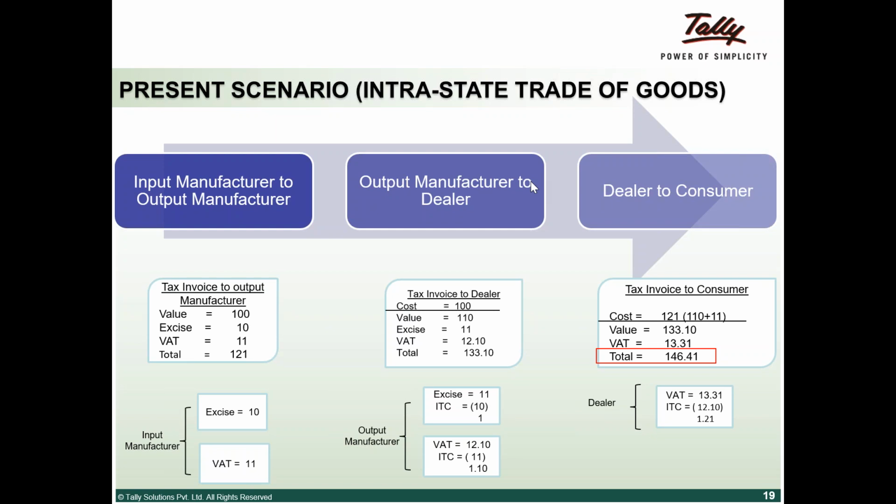Of course, the duty drawback replica is that exporters will have a benefit of either utilizing the input credit for some other purpose, or they'll get a refund. In principle, to answer your question, yes, exporters will get a refund of input credit, which pretty much is what the duty drawback was all about. Raj, I hope that answers your question.